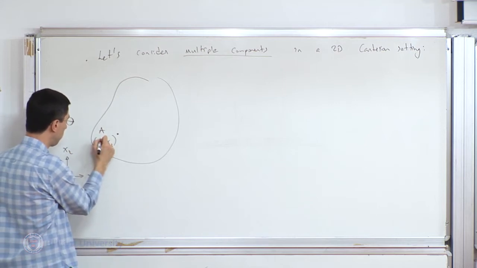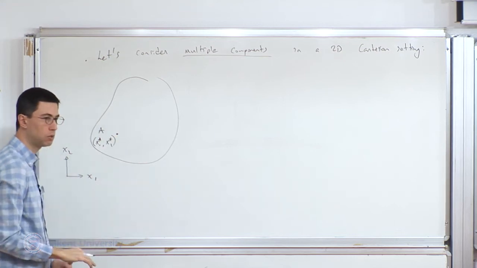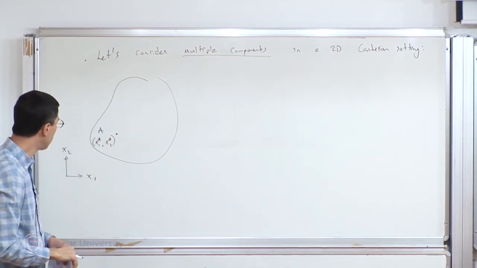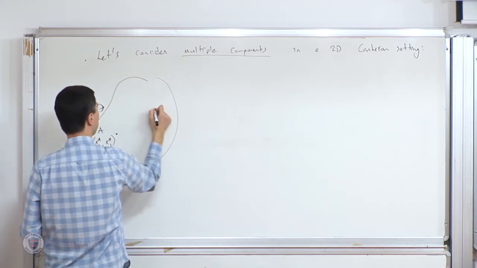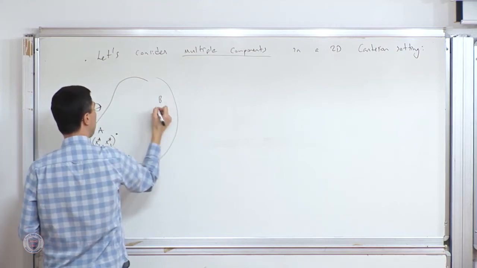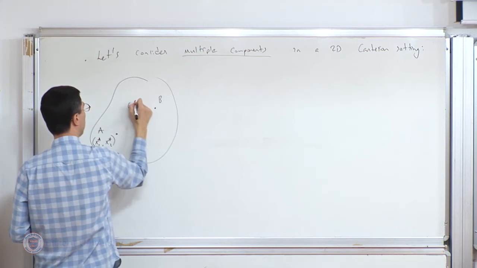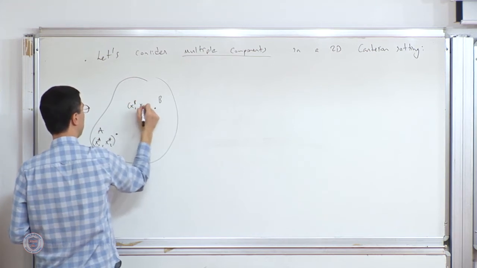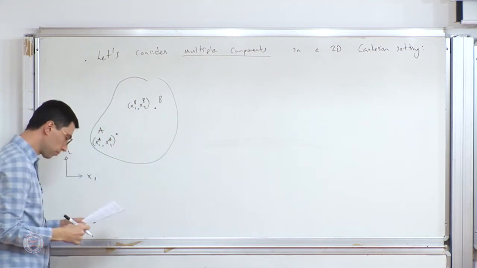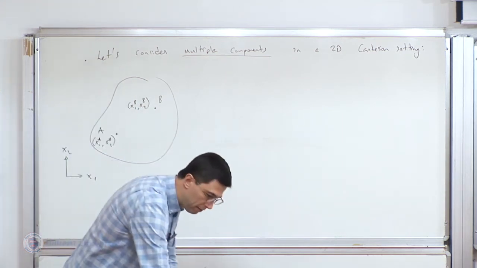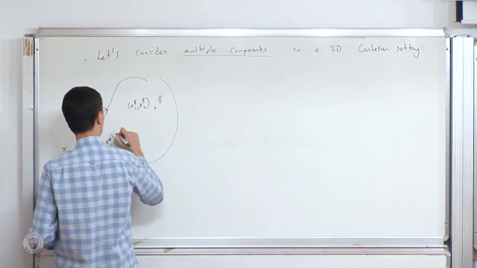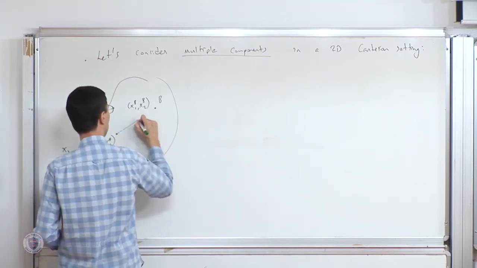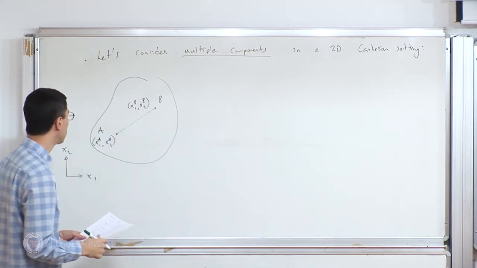But I want to also refer to the point explicitly, so I will, in this case, put a superscript A. Similarly, I will have a point over here, B, and this point will have coordinates x1B and x2B. Okay, so then I will first of all connect these 2 points.